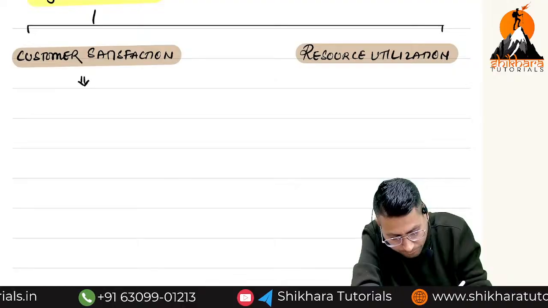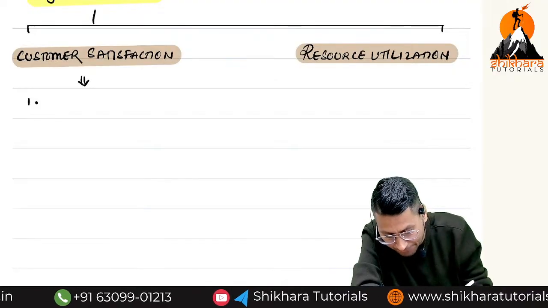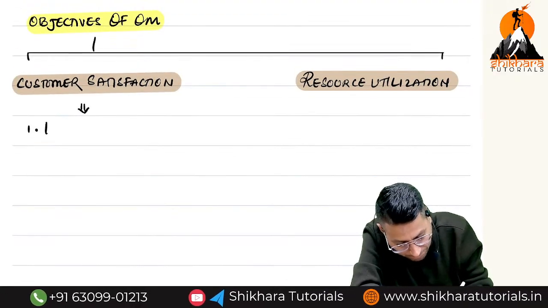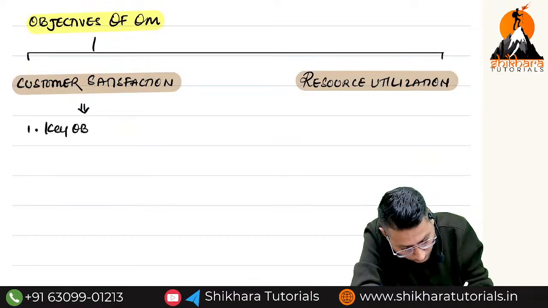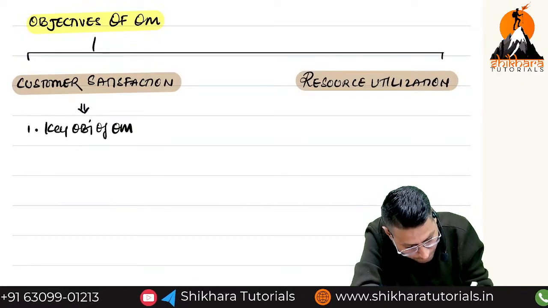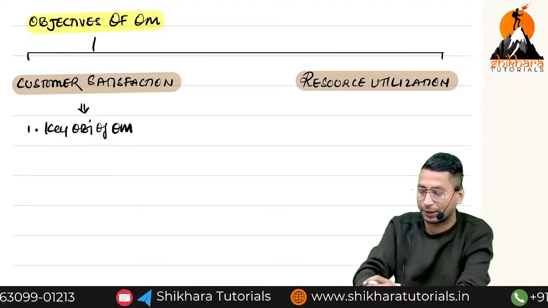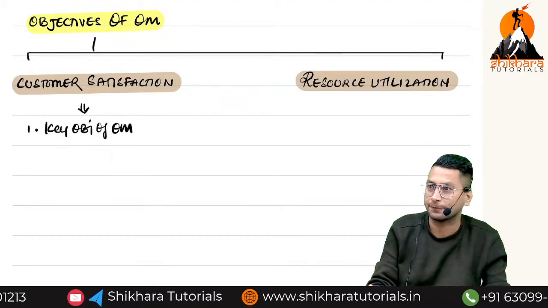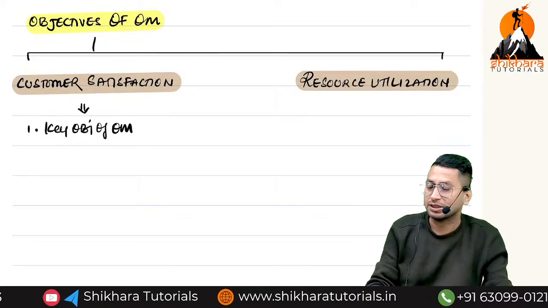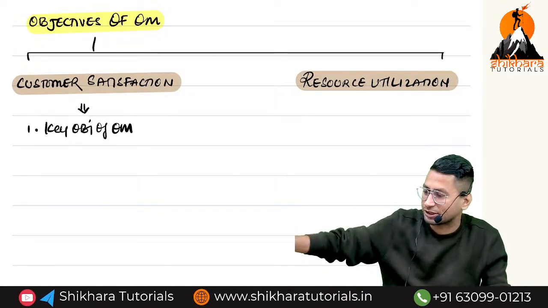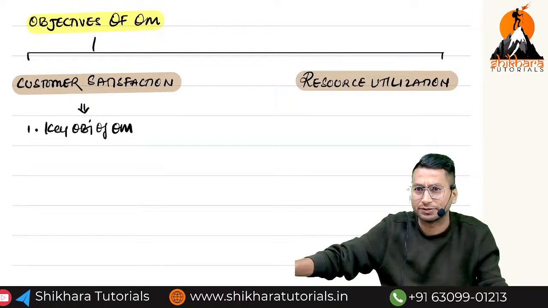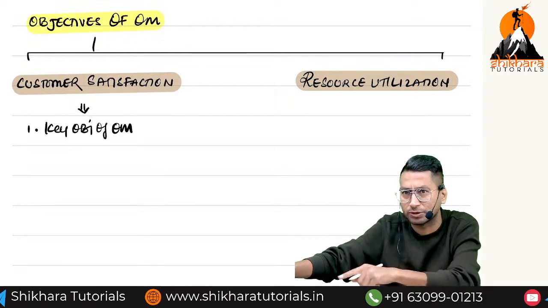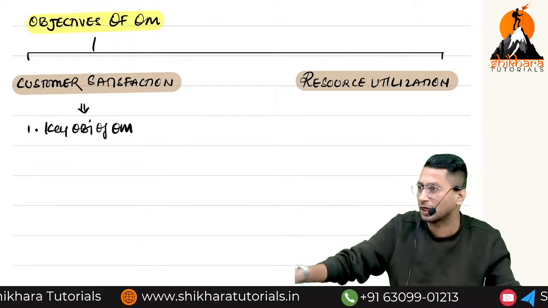So always remember, customer satisfaction is a key objective of operations management. Because if the customer is unhappy, do you think the customer will come back to your business, or will that fellow never come back? That fellow will never come back. Let us say you ate Mysore bhaji at a bandi downstairs. You did not like it. Will you go to that bandi again or search for another bandi? You will search for another bandi.